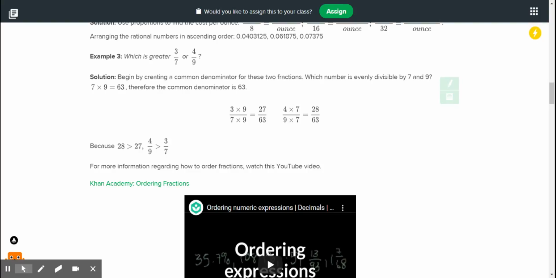Well, I don't really know which is evenly divisible by 7 or 9. Let's see here. So when in doubt, we can always take the two numbers, 7 and 9, and multiply them. In this case, 7 times 9 is 63.